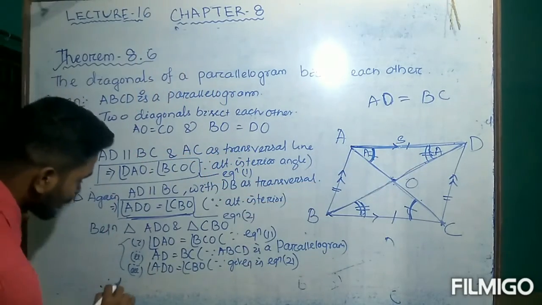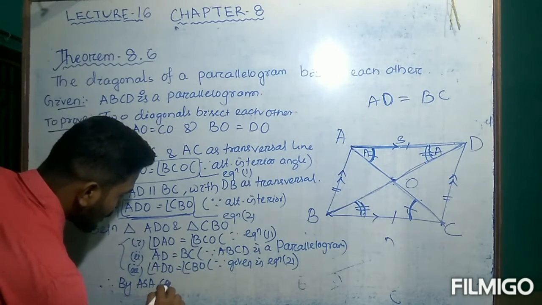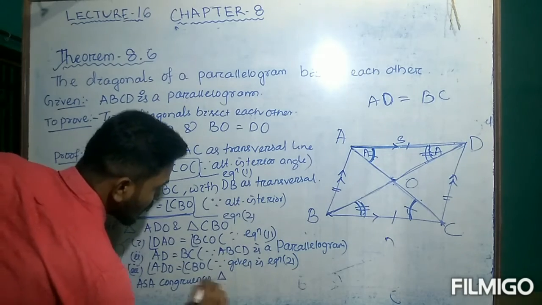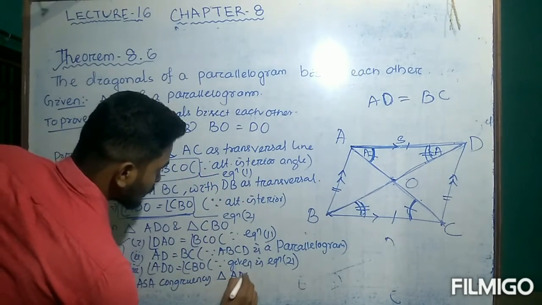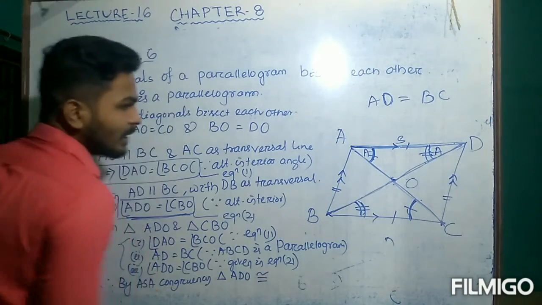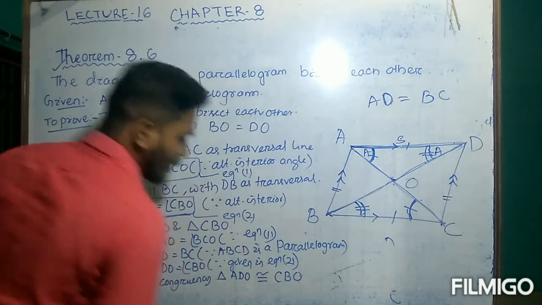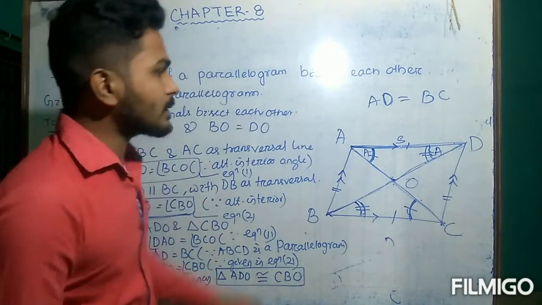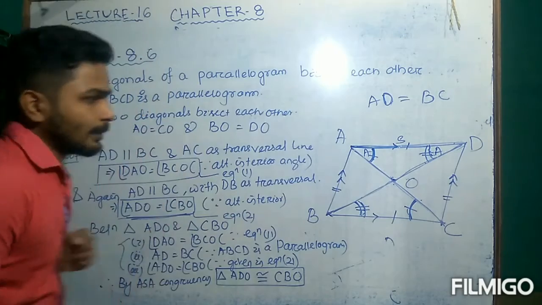So we can write, by angle side angle congruency, triangle ADO is congruent to the triangle CBO.